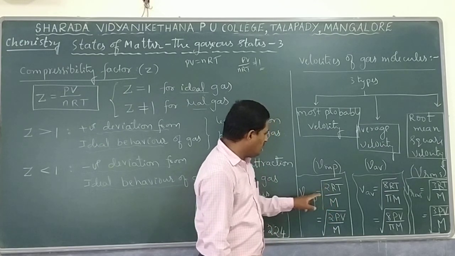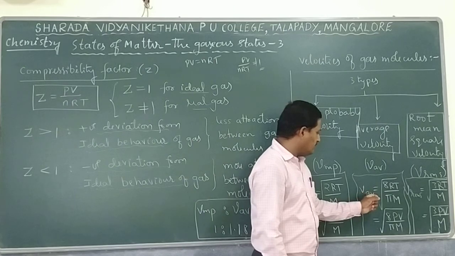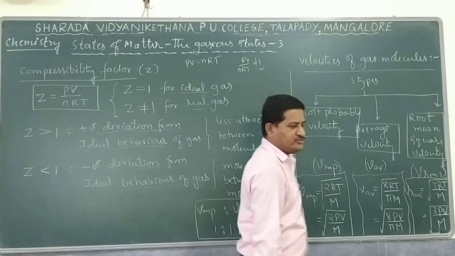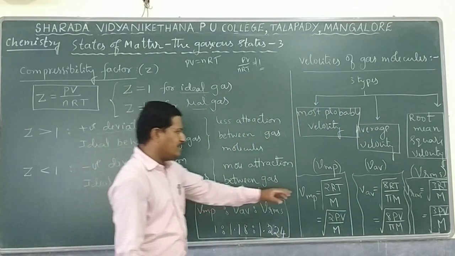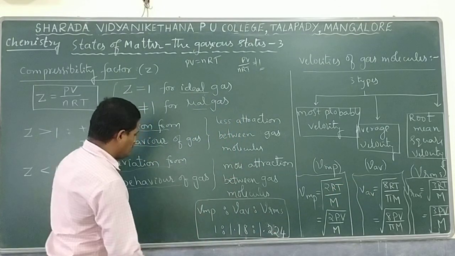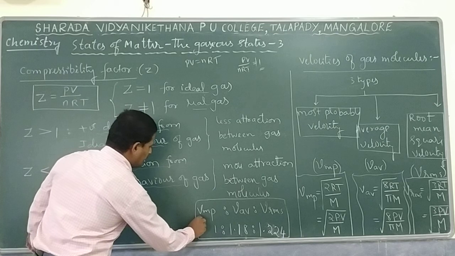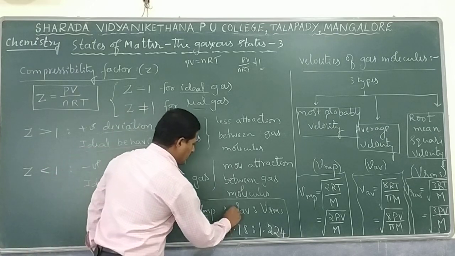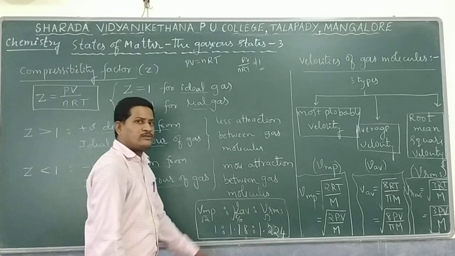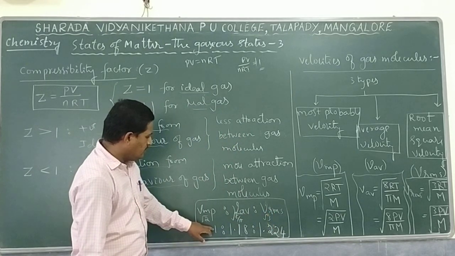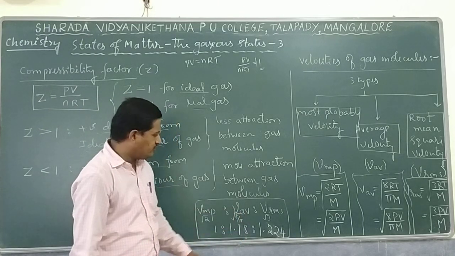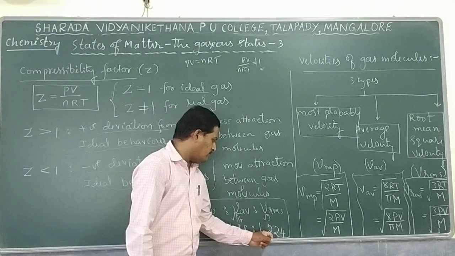Square root of 2 for the most probable velocity, square root of 8 by pi for the average velocity, and square root of 3 for RMS. And if you calculate the ratio, it is found that for every 1 of most probable velocity, the average velocity is 1.128 and the RMS velocity is found to be 1.224.